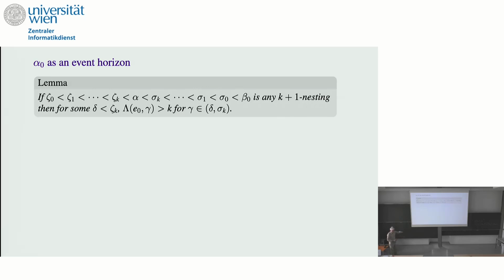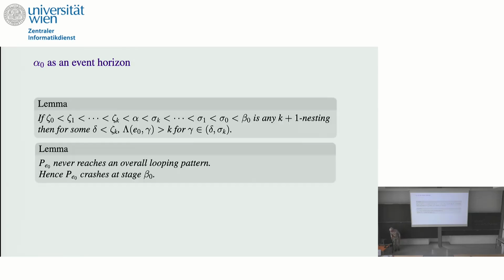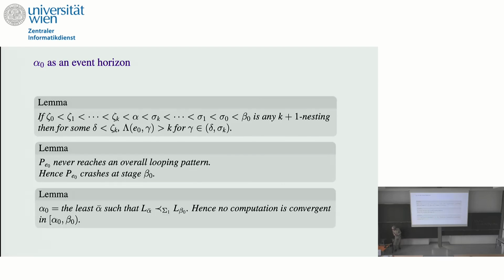So if you're in a nesting, you're forced to be roughly at that depth, how big that nesting is. So the program never reaches an overall looping pattern, and it crashes at this stage, beta 0. And this is the same alpha 0 now rewritten. Alpha 0 is the least alpha bar, which we've got as a sigma 1 substructure, this L beta 0.